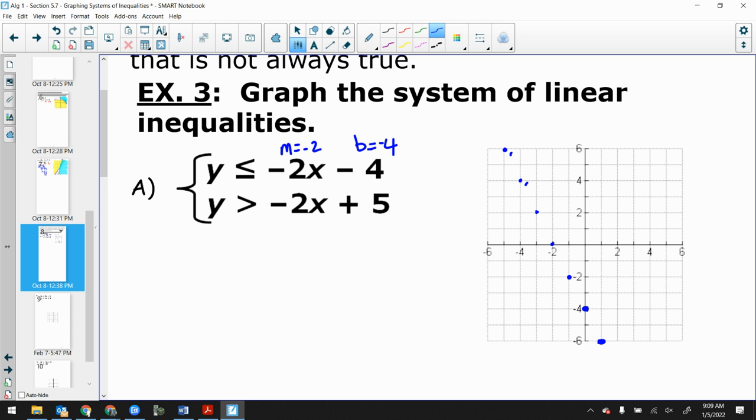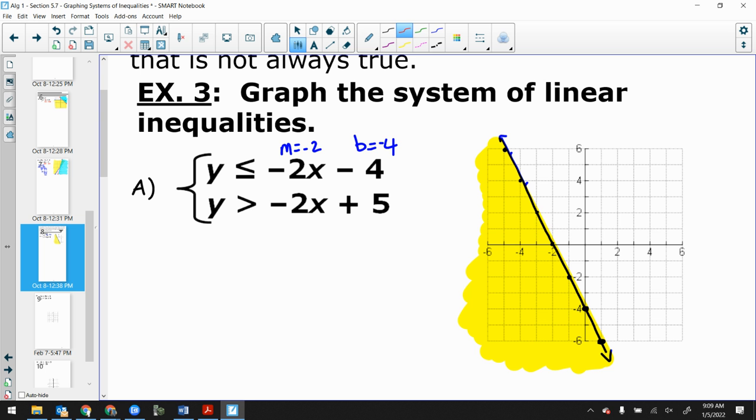Yeah. So, if the y is by itself, it's already solved for you pretty much? Correct. Yeah, there's nothing additional to do beforehand. That's a solid line, and I shade that below. Now watch what happens with my other line.